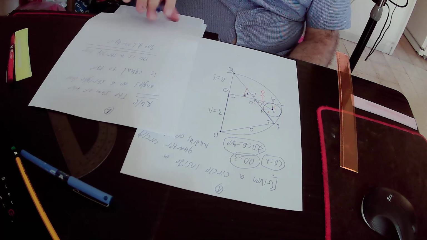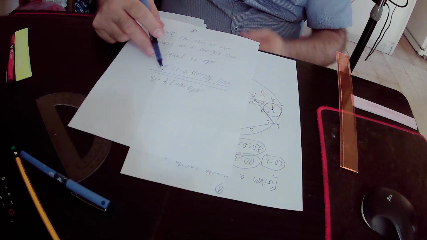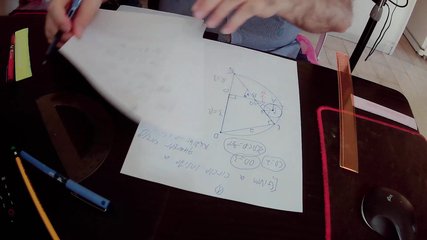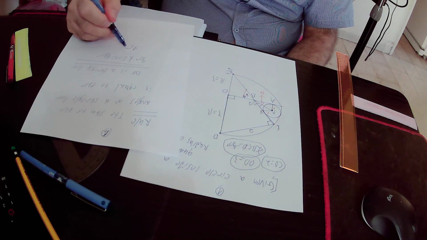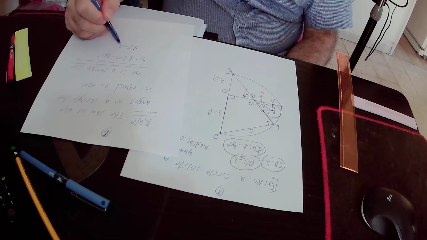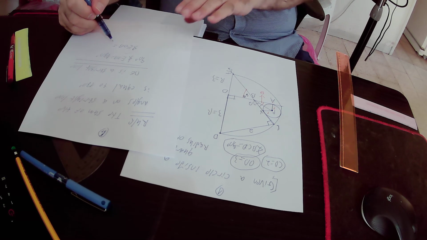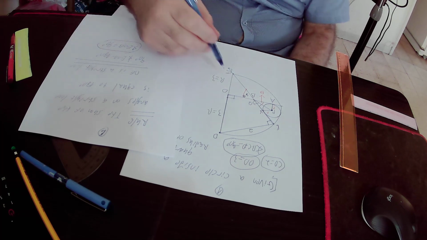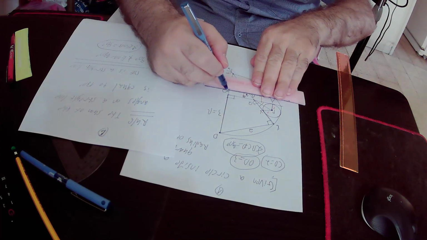So here we will subtract 90 degrees from this equality, and we will get that angle EOB equals 180 degrees minus 90 degrees equals 90 degrees. Okay, so we found out that angle EOB is a right angle, it equals 90 degrees.